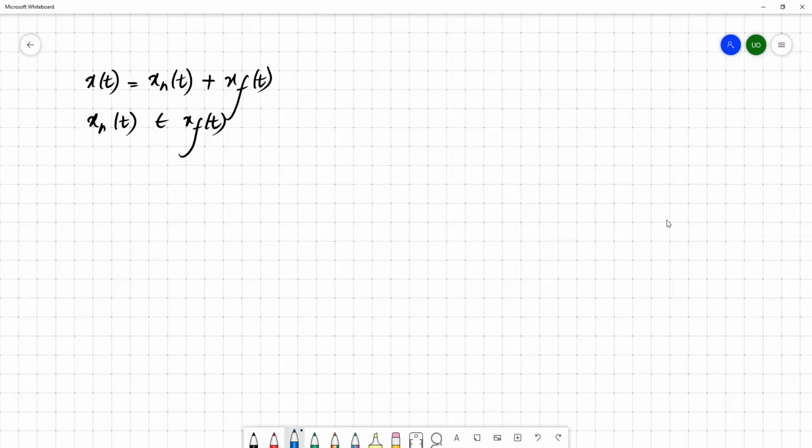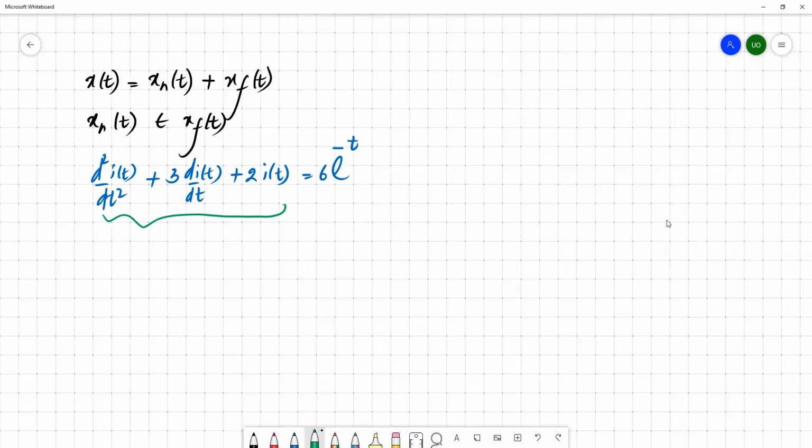We have a differential equation like this. By looking at this, you can get the natural response. You can just focus on the left hand side by letting the first term be 0.